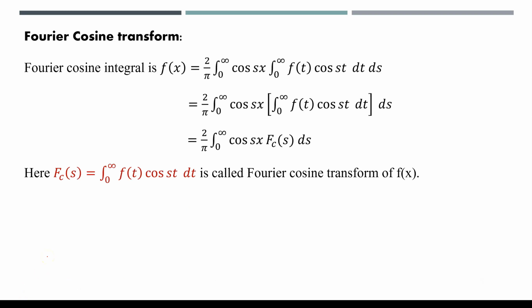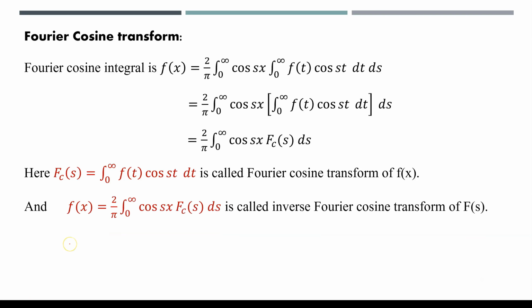So Fourier cosine transform is Fc(s) equal to integral 0 to infinity f(t) cos st dt. And inverse Fourier cosine transform is f(x) equal to 2 by pi integral 0 to infinity cos sx into Fc(s) ds.